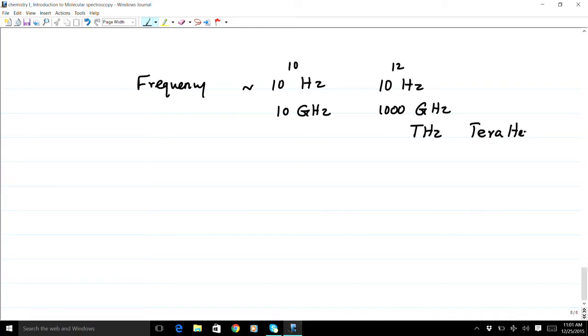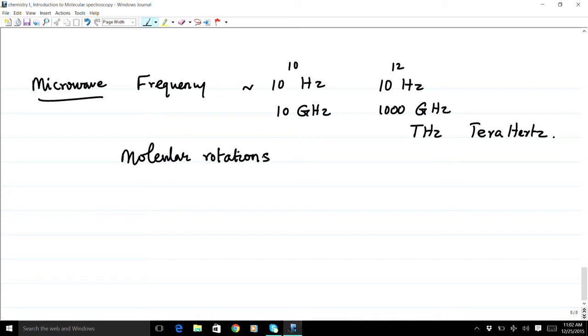Okay. And this is for microwave. And microwave spectroscopy is used to study molecular rotations, and through molecular rotations the equilibrium structure of the molecule.